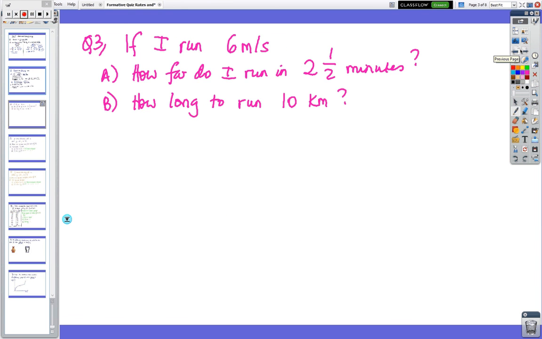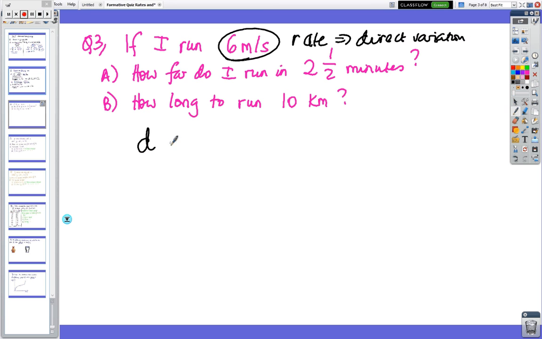Okay, if I run 6 meters per second, how far do I run in 2.5 minutes? And how long does it take to run 10k? I'm going to do this with a direct variation, because any time you have a rate, you can do it as a direct variation. So distance equals 6, the constant, times t.